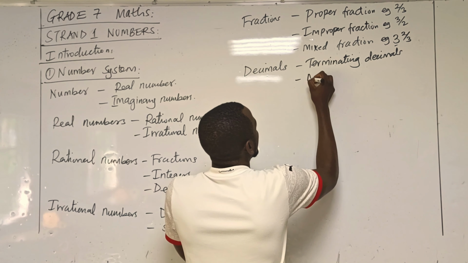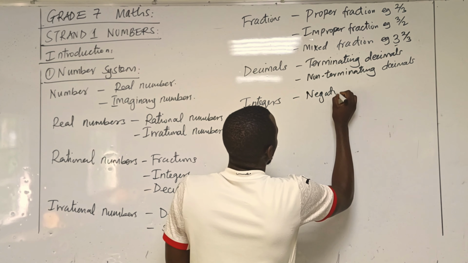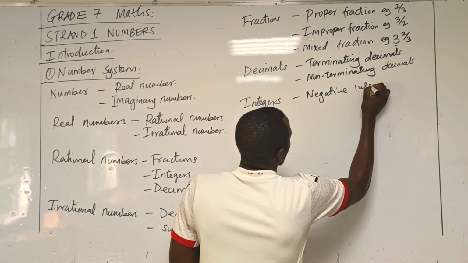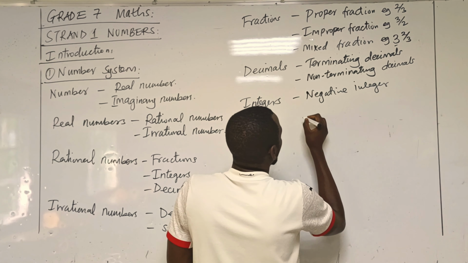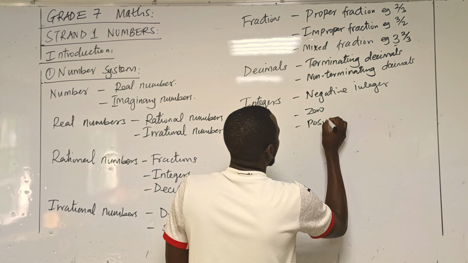Then let's talk about integers. For integers, we have three parts. We have the negative, we have the zero, and we have the positive. So we say the negative integer, we have the zero, and we have the positive integer.